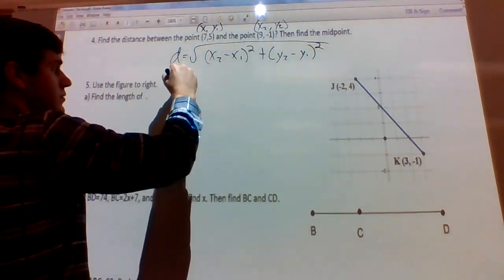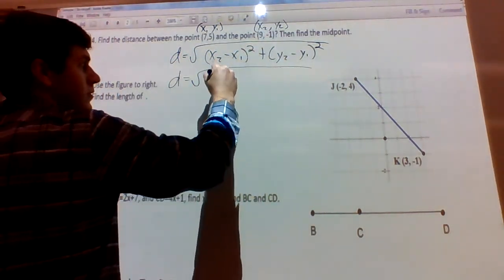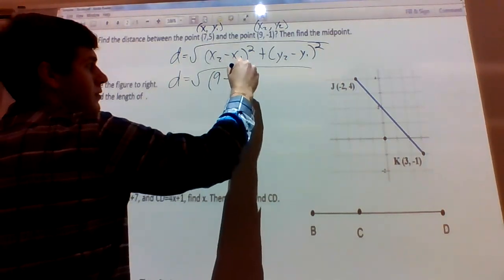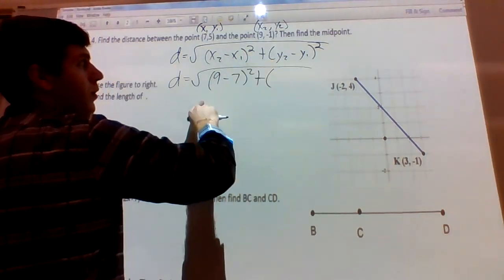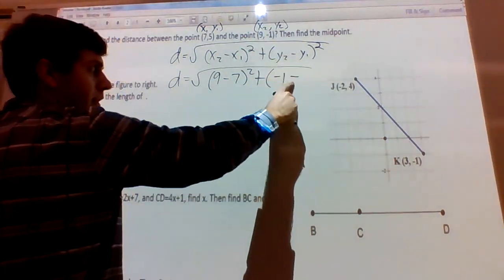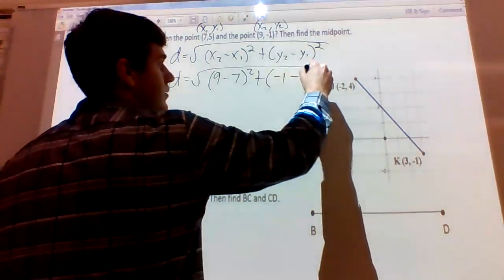So distance: x2 is 9, x1 is 7, squared, plus y2 is -1. Again, carry the negative. So -1 minus 5 squared.